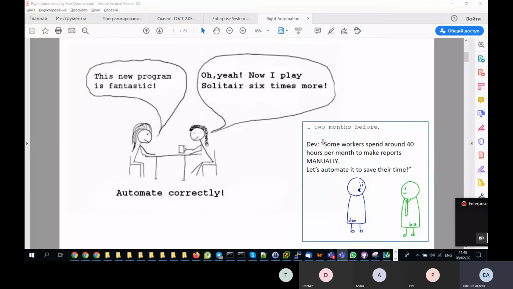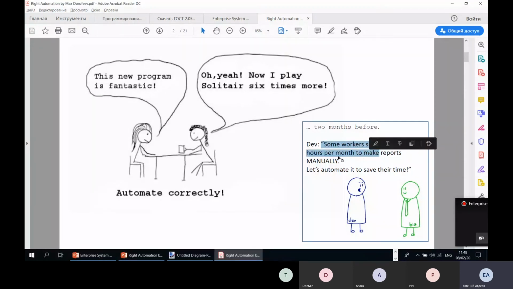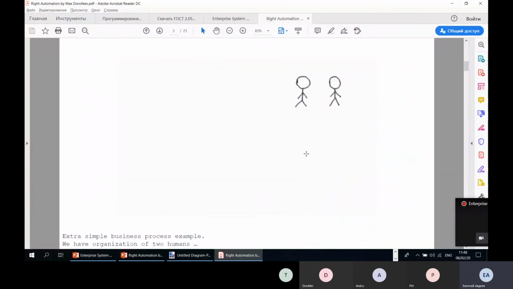Also, of course, the company spent some resources to pay for this work. So the company also spent some money for nothing, and this situation is very common too. But the example is very simplified, and is the following.